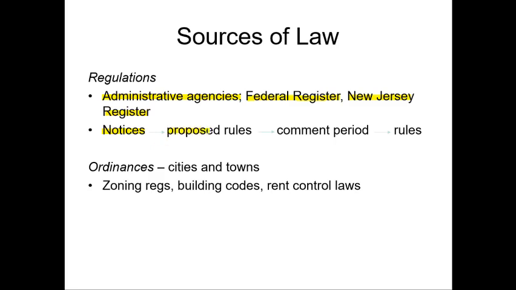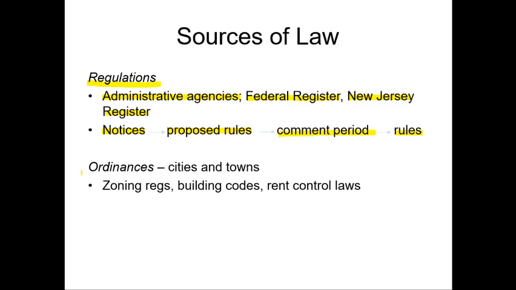And then eventually you'll come out with some proposed rules, and there will be a comment period on those rules where people, particularly people who are very much paying attention to this proposed rule as it might affect their livelihood, get to make comments. The administrative agency has to respond to those comments and use them as a formative period in order to establish the final rules that we have to abide by. So those are all under the process or the title of regulations, both at the federal and state level.